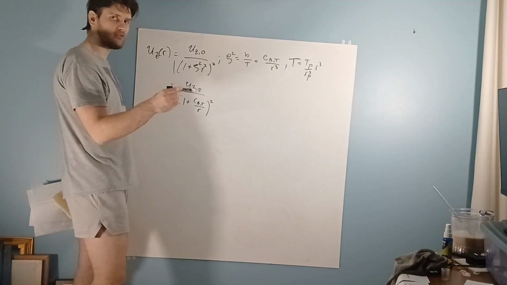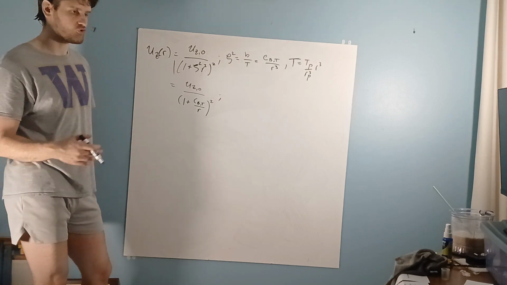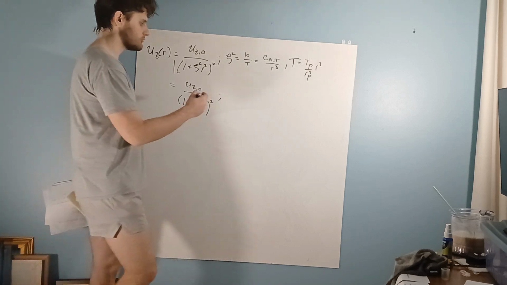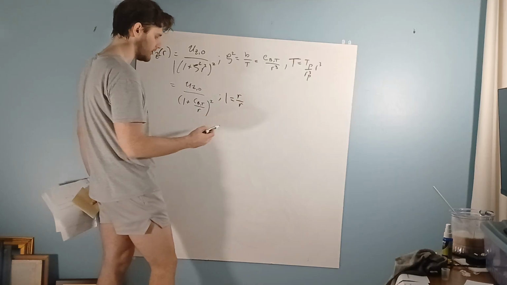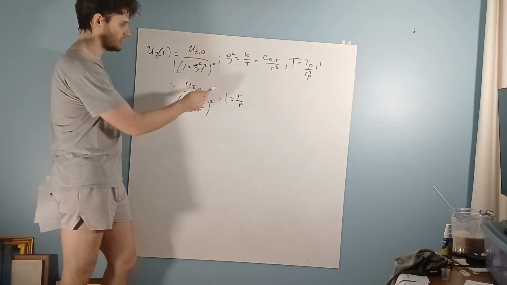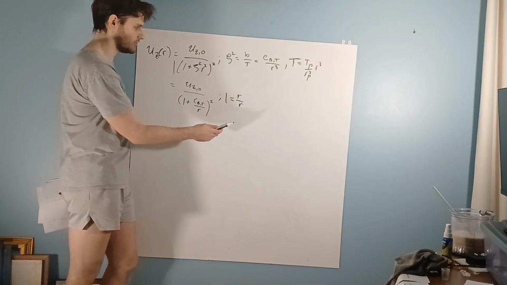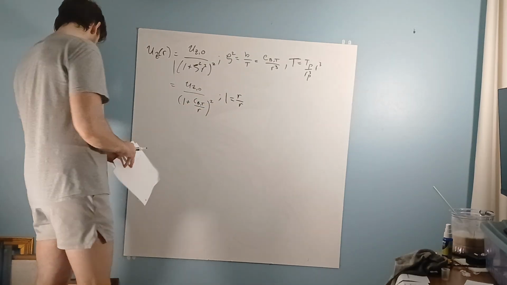We do this all the time in physics and math. When you're trying to get a common denominator, what you're really doing is saying 1 equals, in this case, R over R. And that will give us a common denominator, as long as neither of these is 0, or as long as it's not 0 over 0, which it's not.